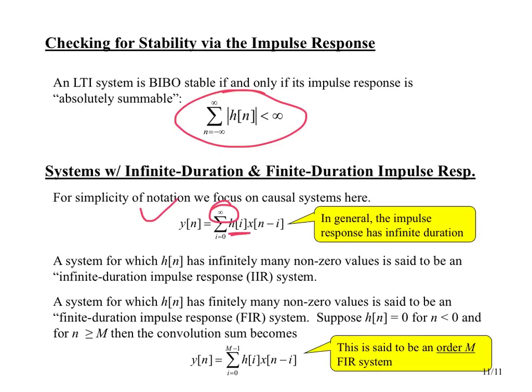But if the impulse response actually goes to zero after some finite number of points, then we would call that a finite duration impulse response, or an FIR system. For that case, it's pretty easy to see that we can then truncate this sum and only have to go out to the value of m minus 1. And in this case, we would be talking about an FIR system that has order m.